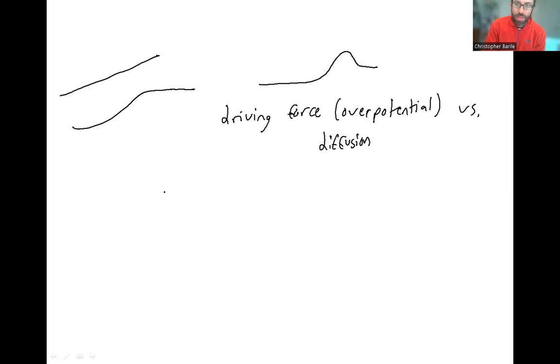And so the way to think about this is that if I drew it this way, in this sort of plot, this is my voltage in volts, which is a proxy for the driving force that I'm applying to the reaction. And this is my current, or current density. Could be in amps or amps per centimeter squared, electrode area, something like that, or milliamps.